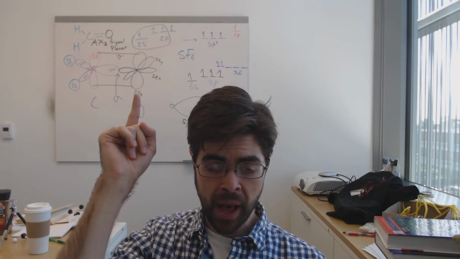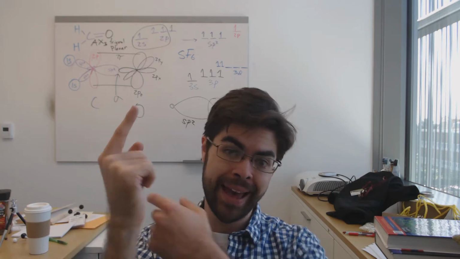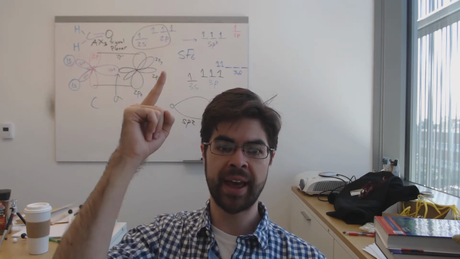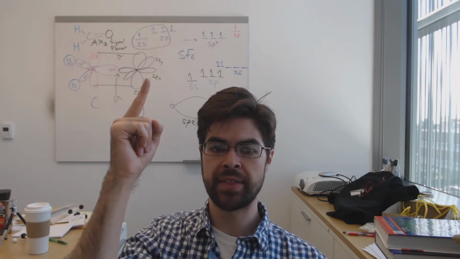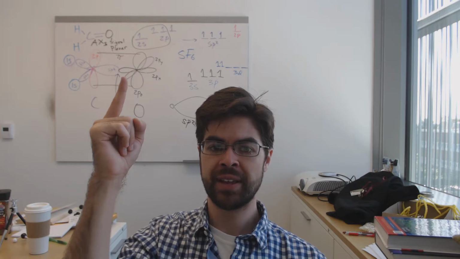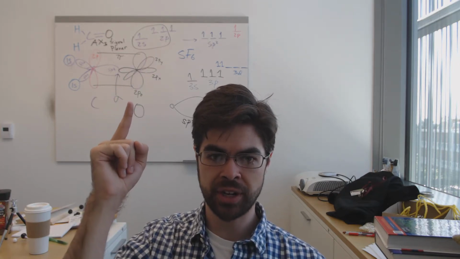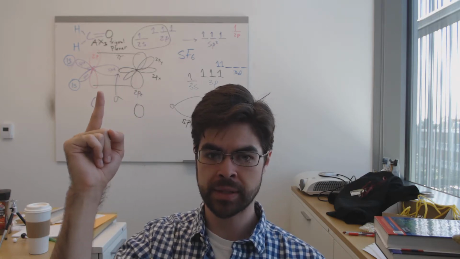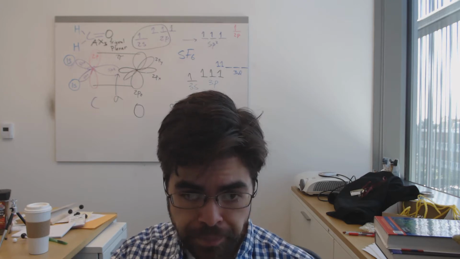If you wanted to make bonds with these orbitals, those bonds can only be at 90 degrees from each other. So I have one sigma bond in this direction, and then a pi bond perpendicular to it, at 90 degrees. Oxygen here is able to make these bonds without utilizing any hybridization schemes.